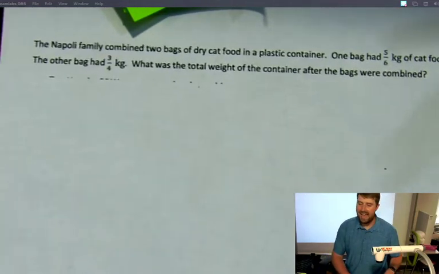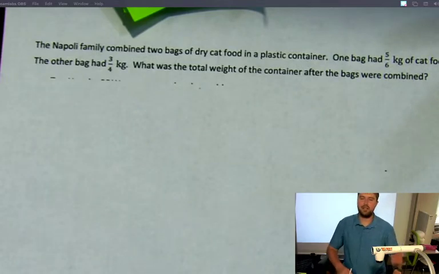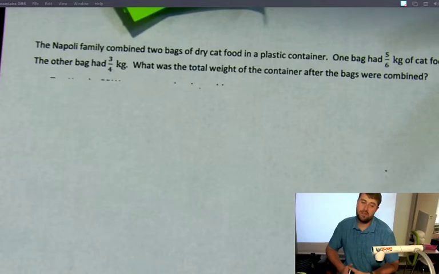One bag has 5/6 kilograms of cat food, and the other bag had 3/4 of a kilogram of cat food. What was the total weight of the container after the bags were combined?